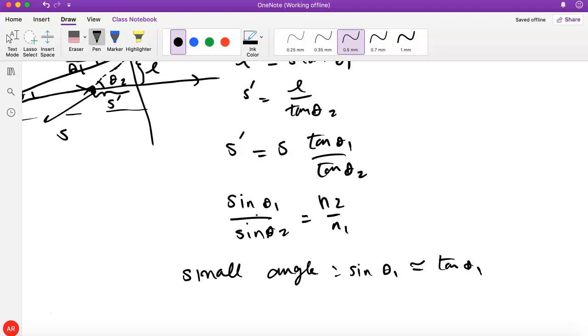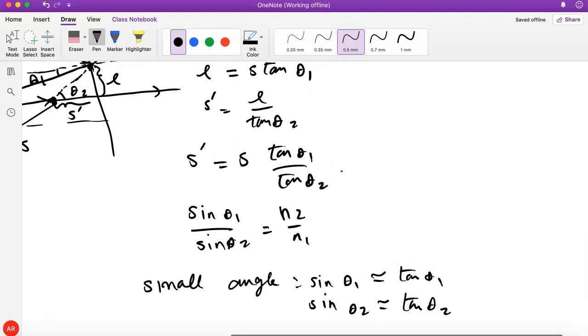Sine theta 2 is sine theta 1 times n1 over n2, which is a number that's order 1, or 2, 3, something like that, or half. Well, we're assuming in this case that n1 is larger than n2. But if theta 1 is really small, theta 2 is going to be very small, and then we can approximate sine theta 2 to be also approximately equal to tangent theta 2.